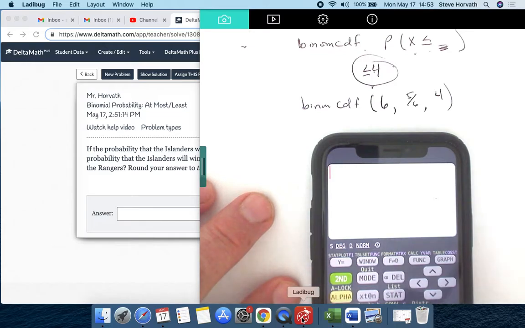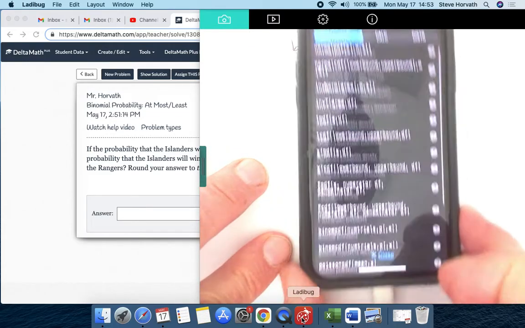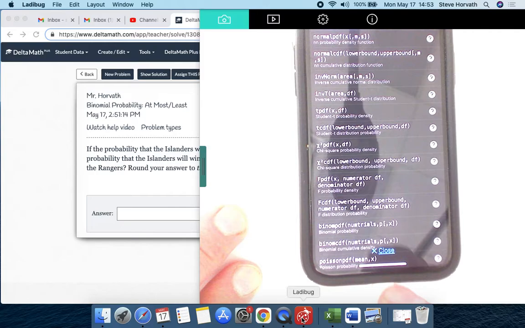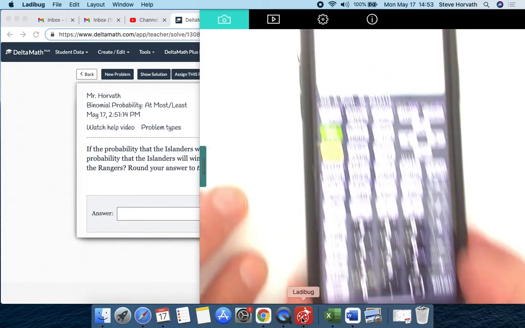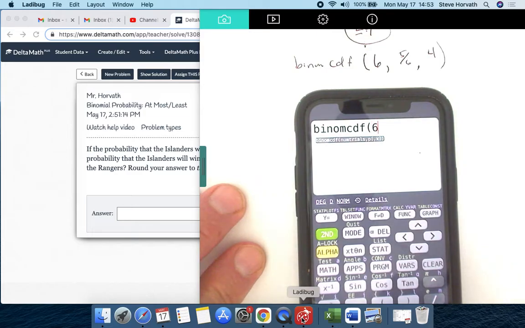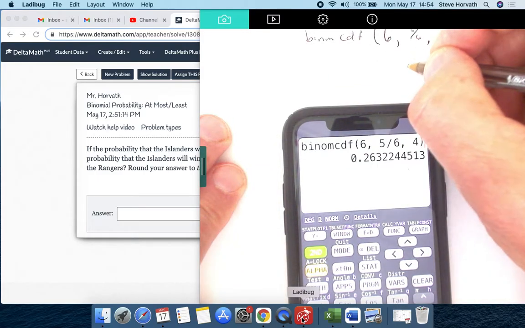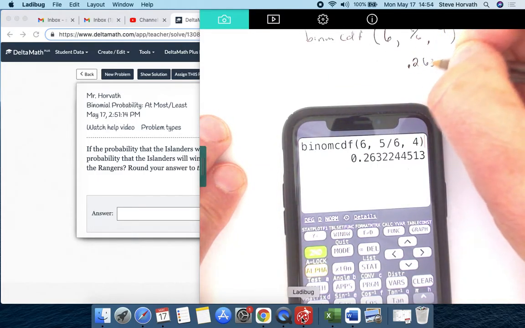So we're going to go second, vars, and go to binomial CDF down here. We put in our number of trials, which is 6, comma, 5 divided by 6 for our probability, comma, and we want less than or equal to 4, which gives us 0.26322.